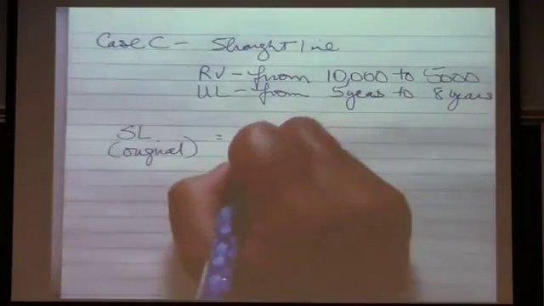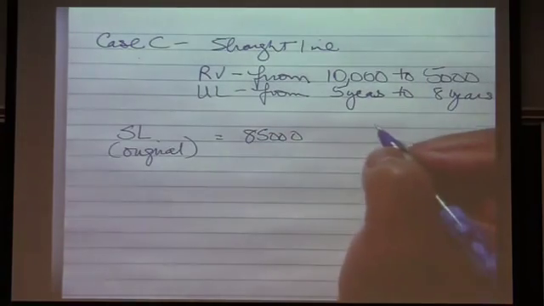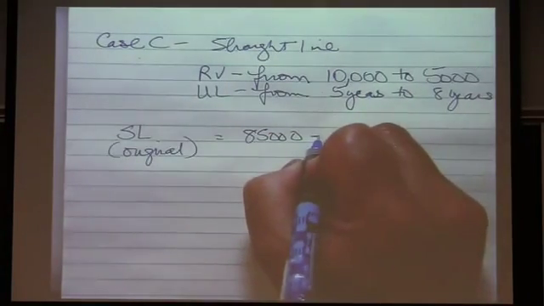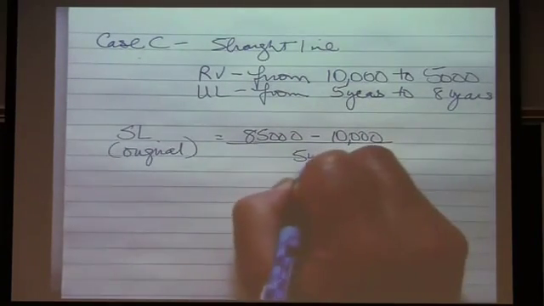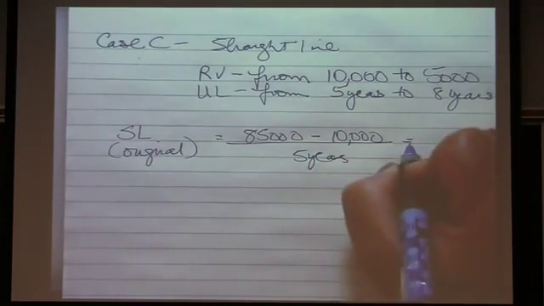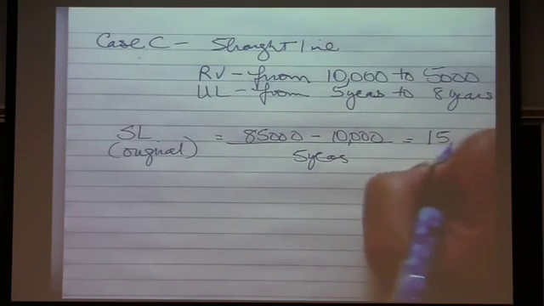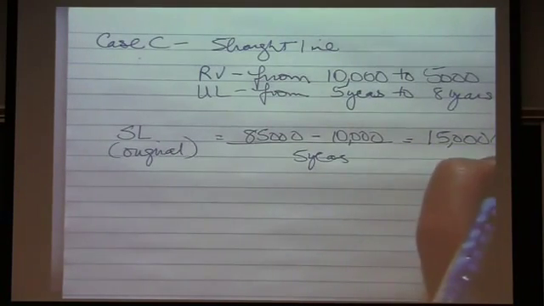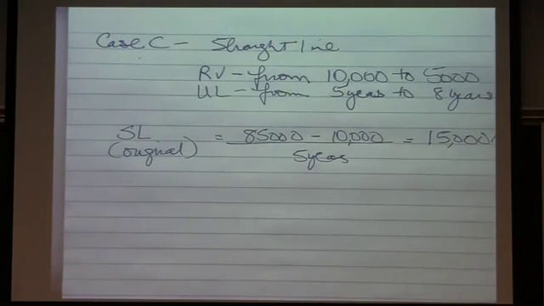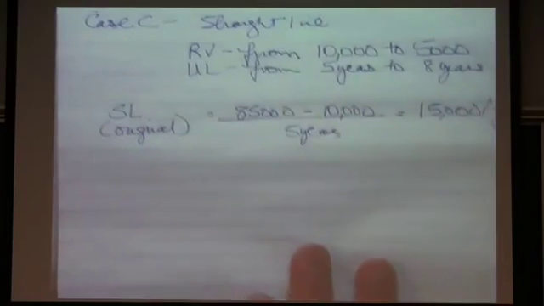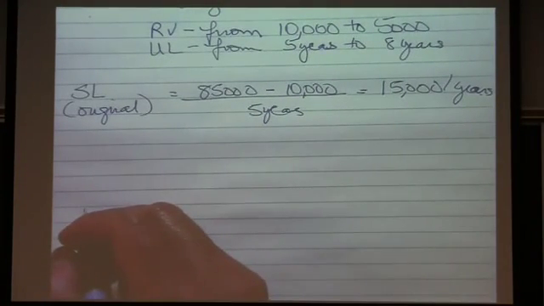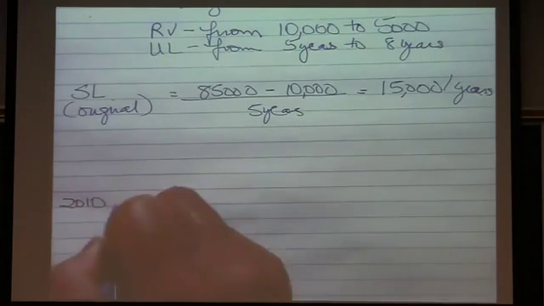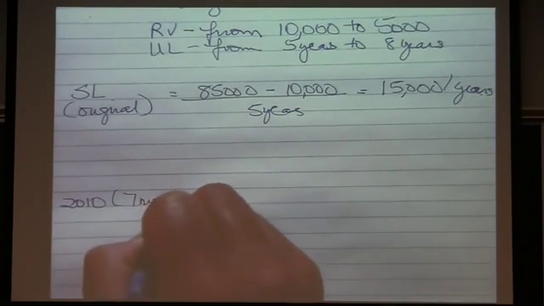So we know that is 85,000 was the original cost minus the original residual value of 10 divided by 5 years. That we had an amortization of 15,000 per year. So for 2010, remember we had 7 months.